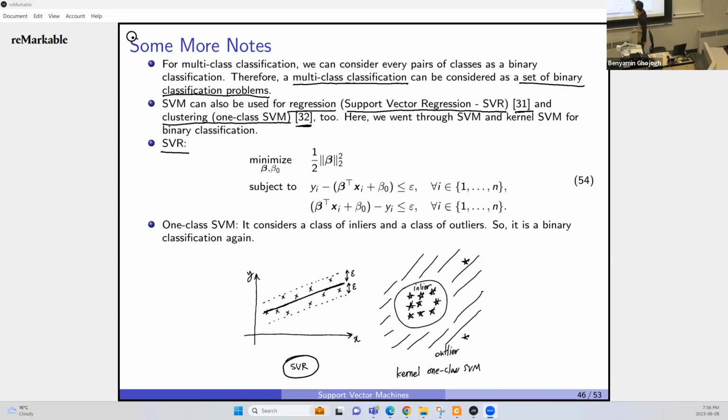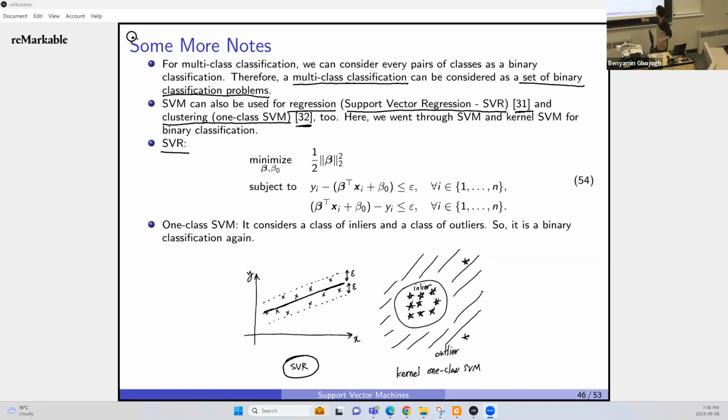Here, margin says I want to have all of the points in my margin. So I fit a line with some margin around it, but the points should be inside the margin. In SVM, we didn't want the points to be in the margin. Here it is the opposite. We want the points to be in the margin.